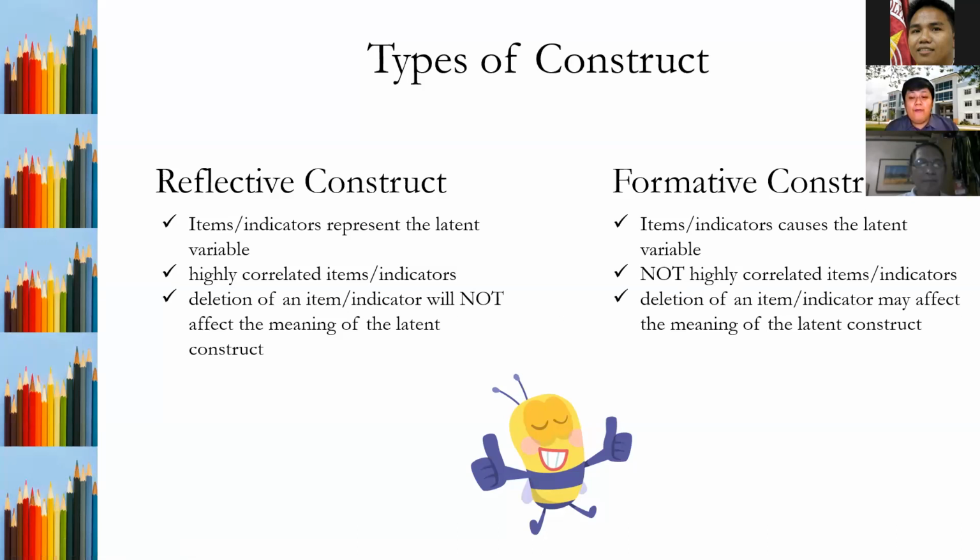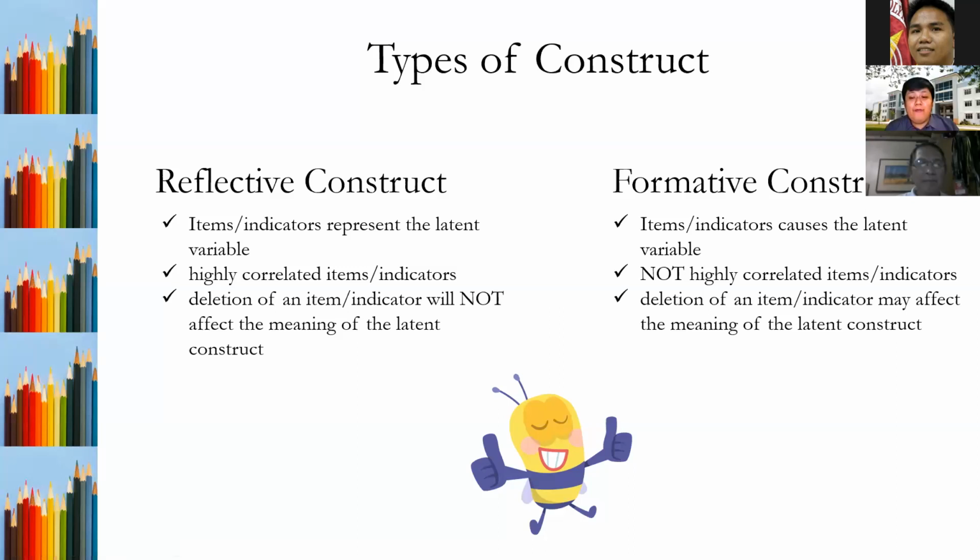So if we have 5 items or indicators in a formative construct, those items do not move in the same direction. And number 3, deletion of an item or an indicator may affect the meaning of the latent construct. What do I mean? In a formative construct, if you omit 1 of the 5 items, there is a high probability that the remaining 4 items will not be able to measure the formative construct.